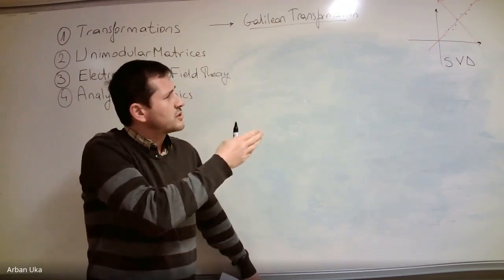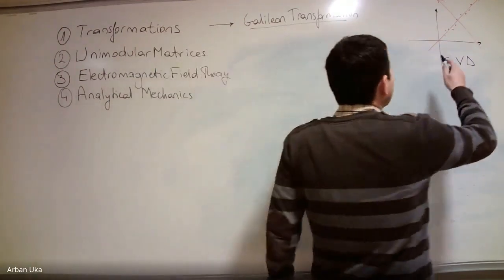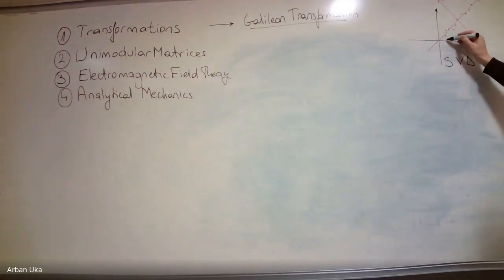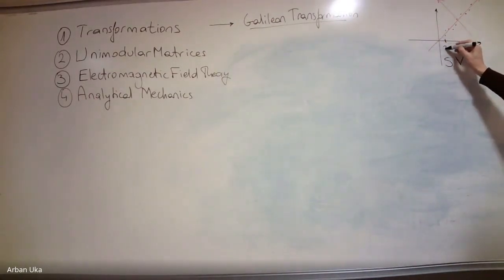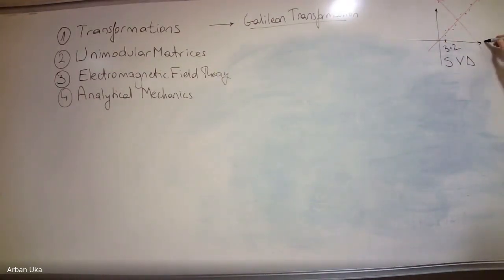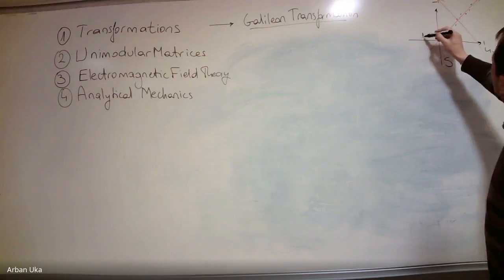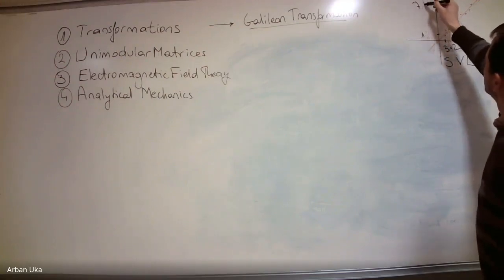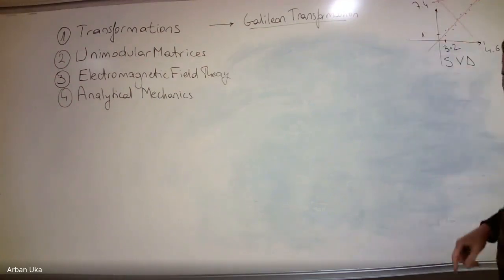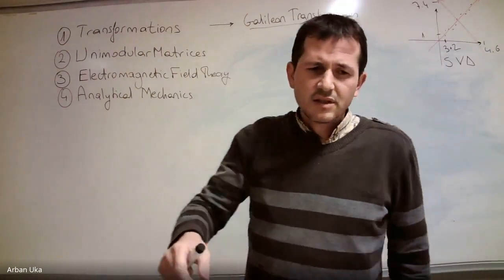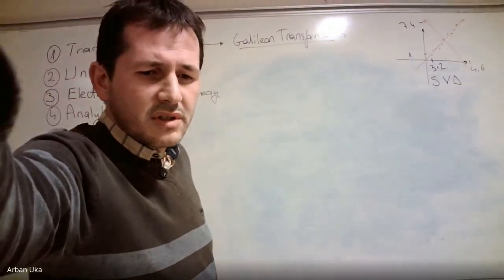And here we also observe the same. We have some data set which is probably changing in x from 3.2 up to 4.6. This is the distribution of the data. And here we have, let's say, from 1 to 7.4. These are just some random numbers to show how the specific data set is changing in two orthogonal coordinate systems.